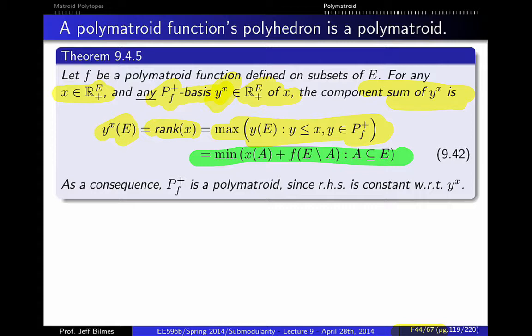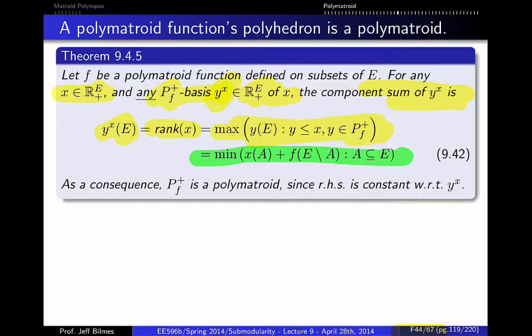all component sums of all p-bases have the same value. Now, the reason why that's true is because the right-hand side, the thing I highlighted in green, doesn't depend on y. Obviously, all p-bases of x are going to depend on x, so the right-hand side depends on x. But there's nothing on the right-hand side that sums over that particular y.